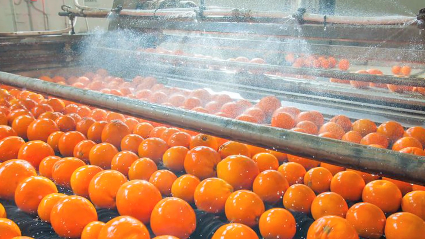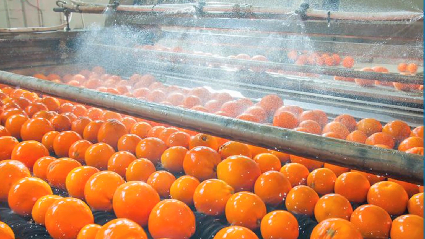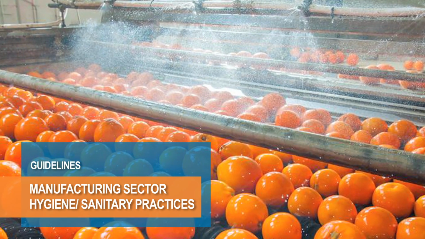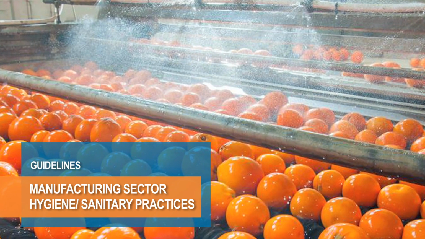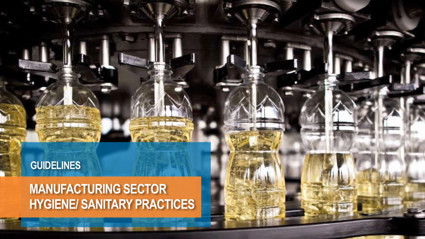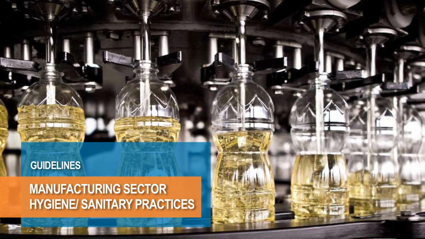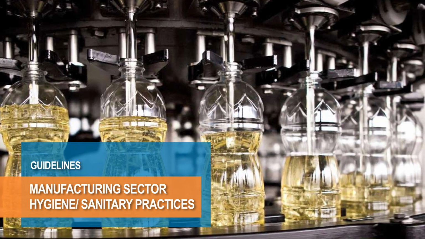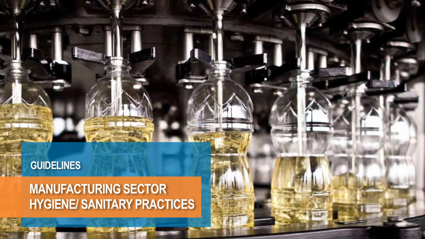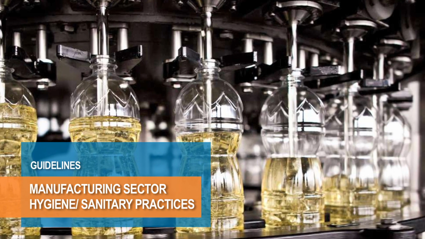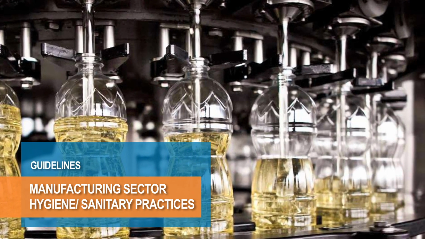In this video, we will learn about the requirements for general hygiene and sanitary practices for the manufacturing sector as laid down under Schedule 4 of Food Safety and Standards, Licensing and Registration of Food Businesses, Regulation 2011.